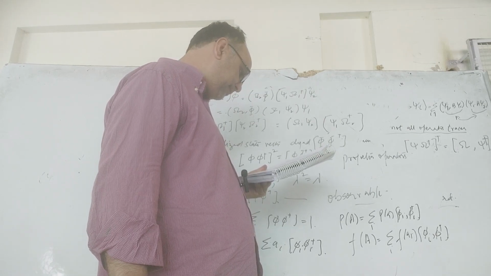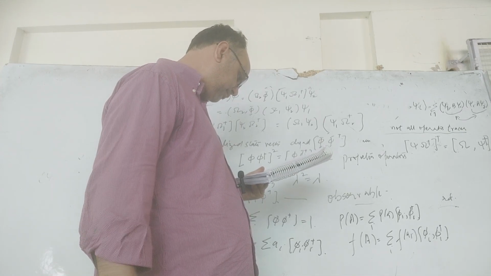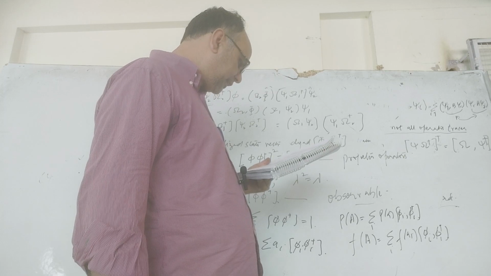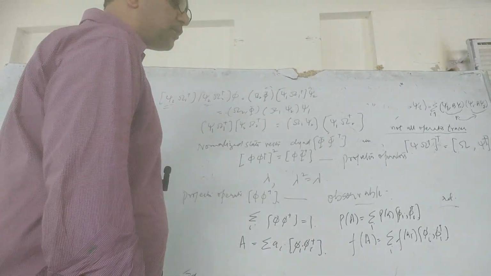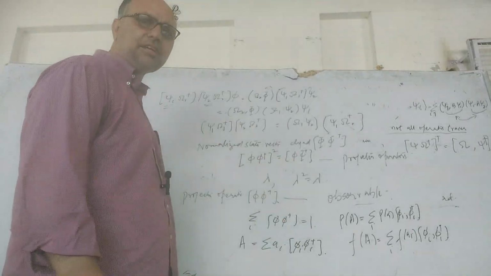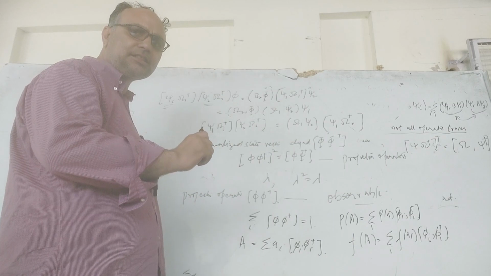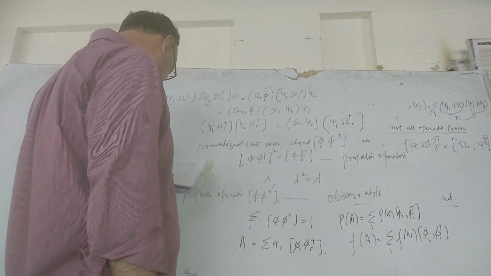So for example, in quantum mechanics, how do the probabilistic state vectors come into consideration?